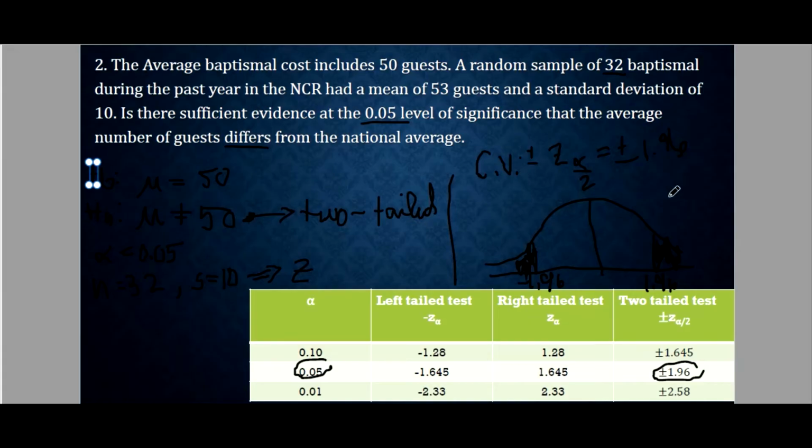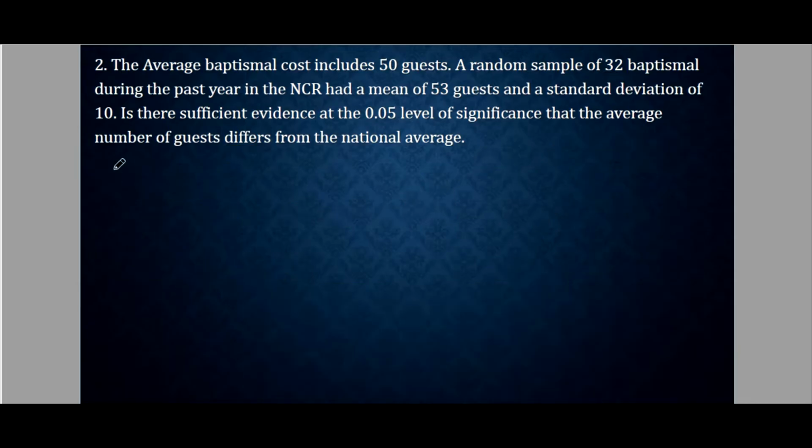Okay, since now we have the critical values and critical region, let's compute now the value of our z. Again, z computed is x bar minus the mean, and since we're given the sample standard deviation, divided by the square root of n. X bar is the sample mean, so we have it here: a random sample of 32 during the past year had a mean of 53.